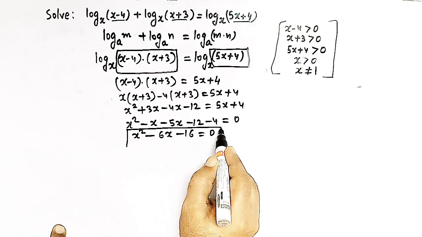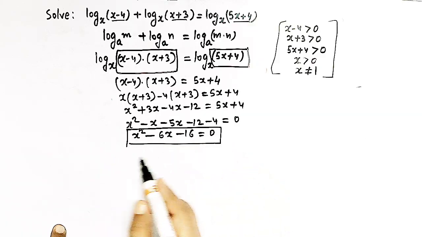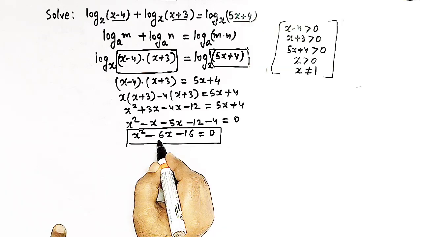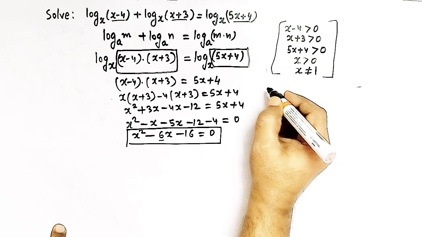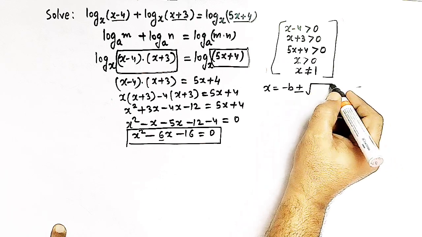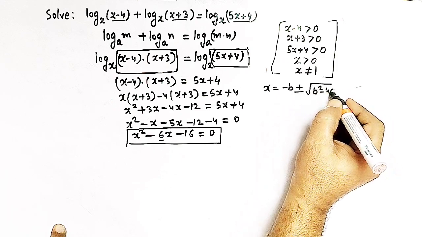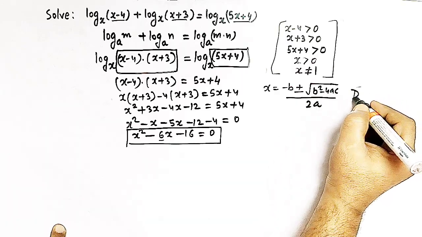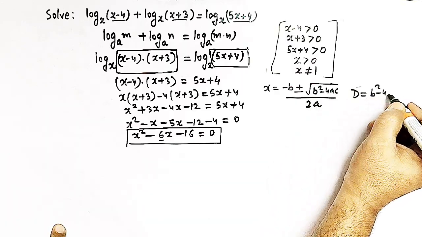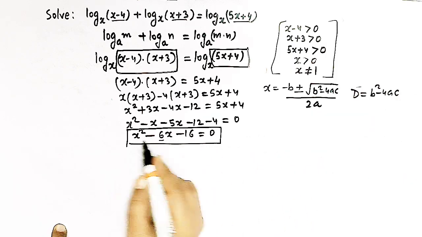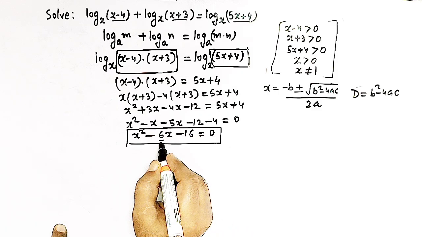So now we have a quadratic equation, and we can solve this quadratic equation either by using the method of splitting the middle term, or using the quadratic formula, that is x is equal to minus b plus minus square root of b square minus 4ac over 2a, where the discriminant d is b square minus 4ac, right? So here we'll make use of the method of splitting the middle term.